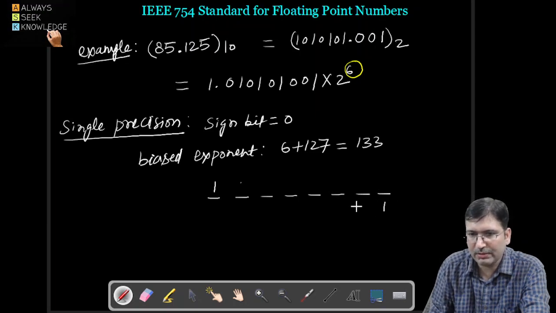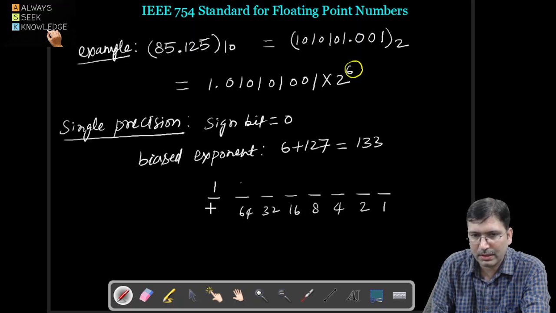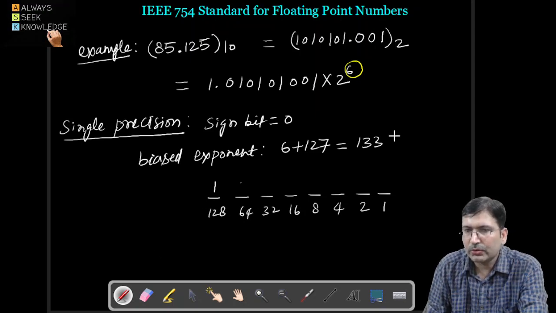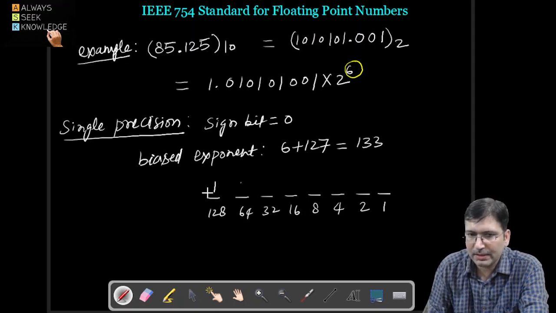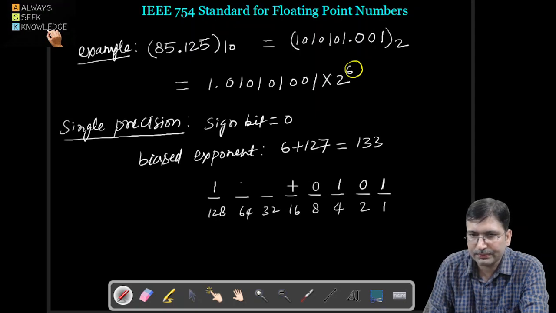The bit positional values are 1, 2, 4, 8, 16, 32, 64, and 128. So if you want to represent 133, once you set the 128 bit, and then add 5 more, this one and this one, you will get 133. The remaining places you can set to 0.